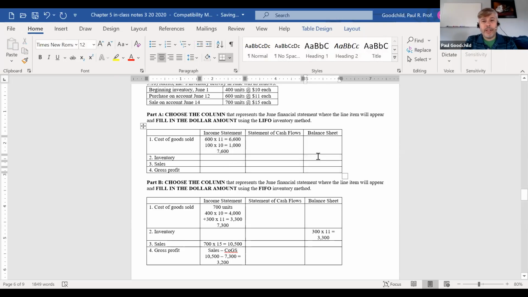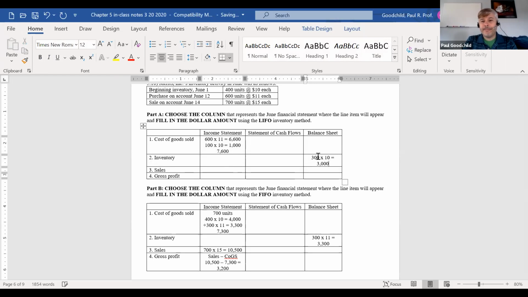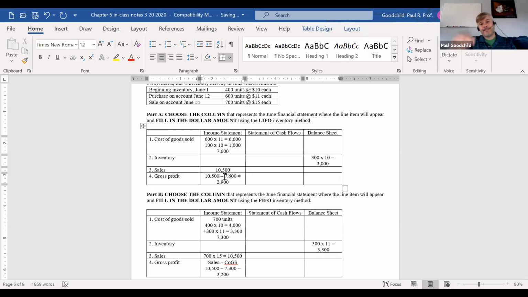Our inventory, 300 times 10, equals 3,000. Our sales would still equal the same number, 10,500, and our gross profit would be 10,500 minus the 7,600, which would be 2,900.